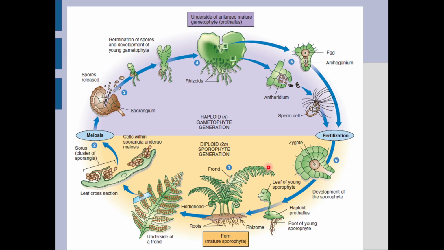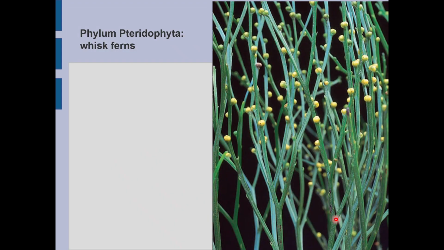But most of the time we see the sporophyte part of the ferns. So this is the life cycle of the ferns, and almost the same life cycle is in mosses as well.